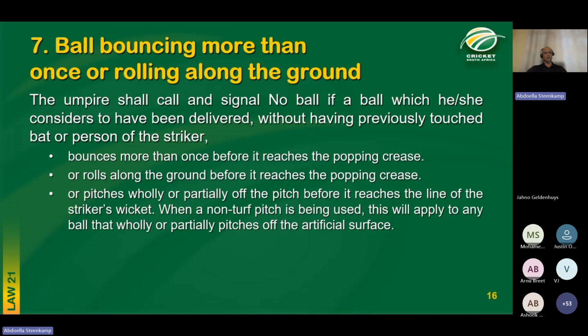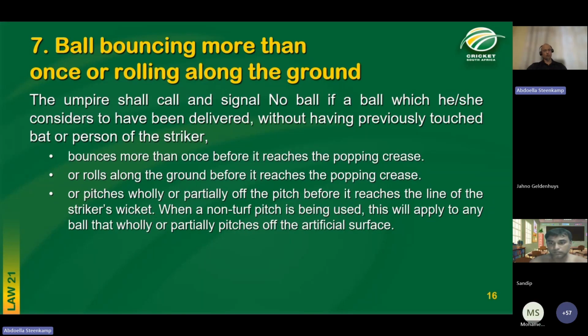And lastly, if a ball pitches either totally or partially off the pitch before reaching the line of the striker's wicket, if that happens, you need to call and signal no ball. For the first two bullet points, the striker's end umpire is in the best position to make this call.